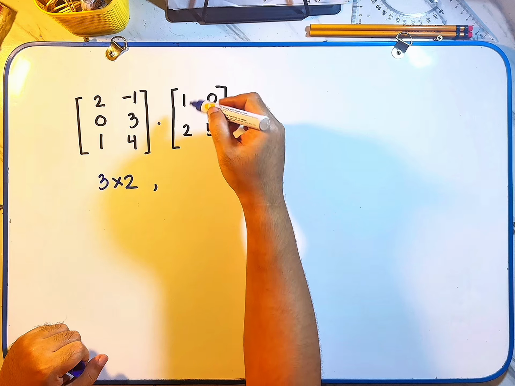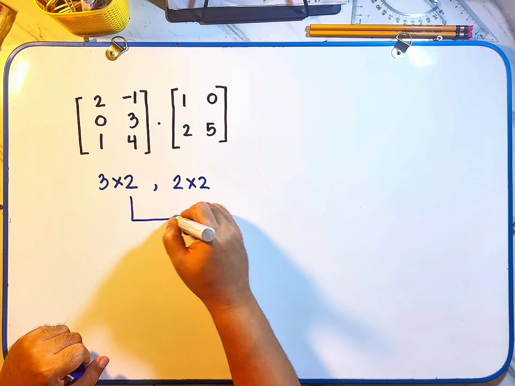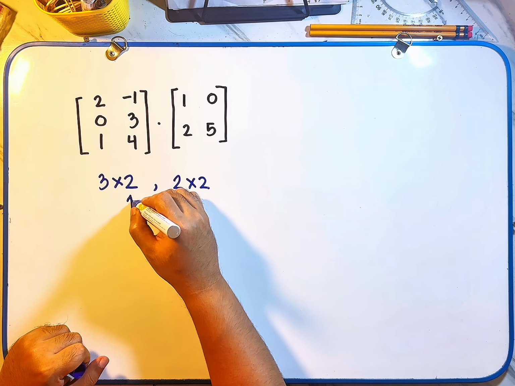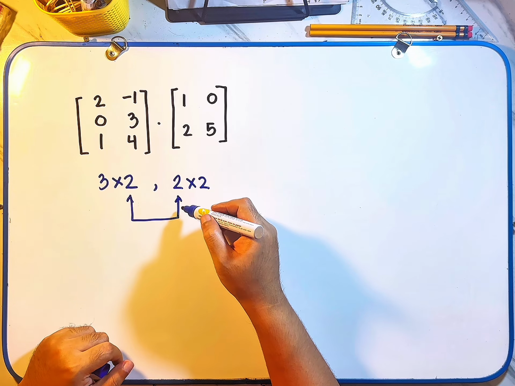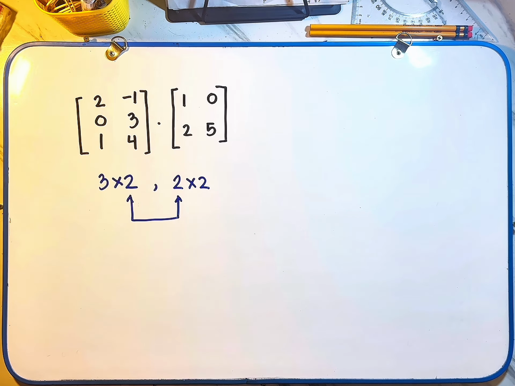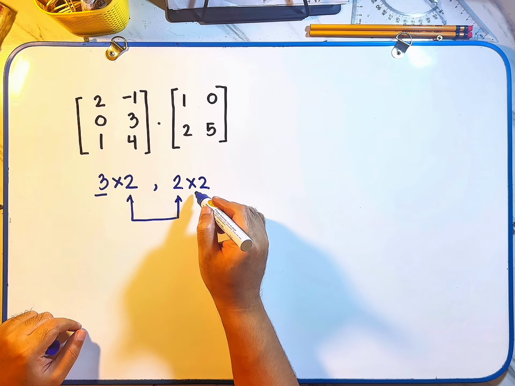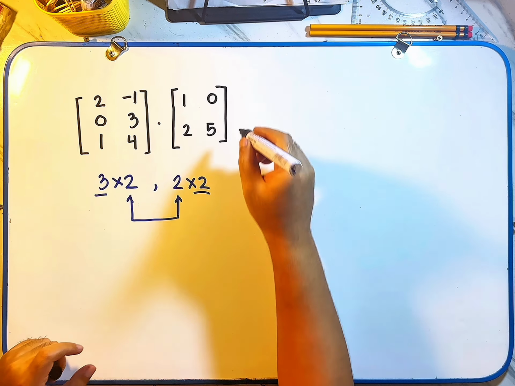We have 2 rows and 2 columns. So 2 by 2. And as we can see, the number of columns of the first matrix is equal to the number of rows of the second matrix. So they can be multiplied. And the resulting matrix should be 3 by 2.